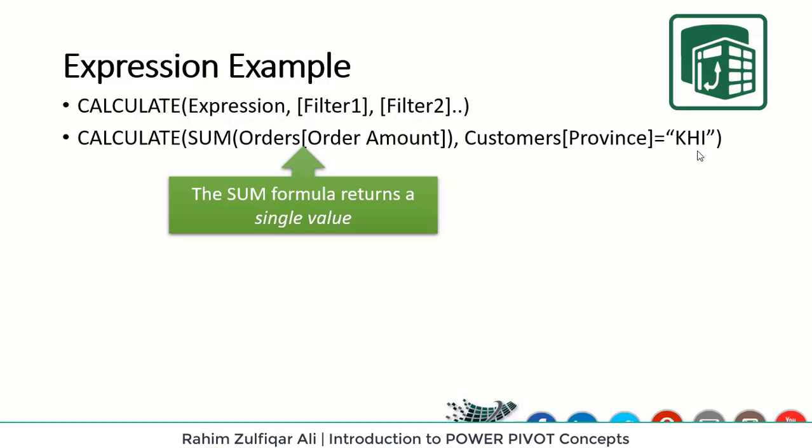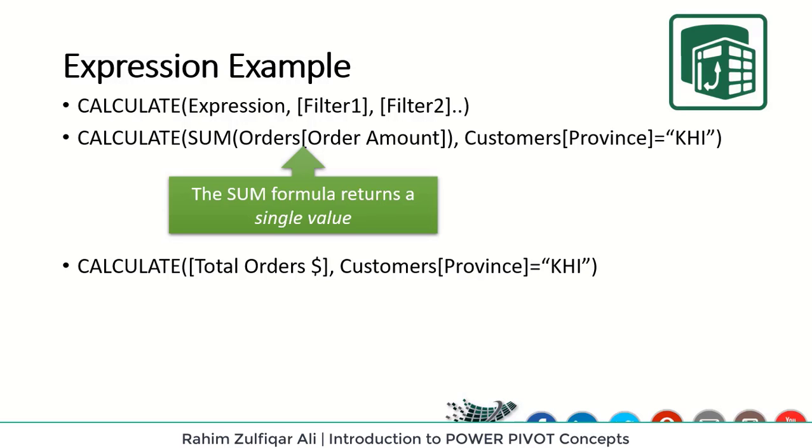The sum formula returns a single value. One important point: in the expression, we have defined that we want the sum of the order amount column from the orders table. Now what if I put this calculation into one explicit measure? When I write another explicit measure, I can call that part inside it.